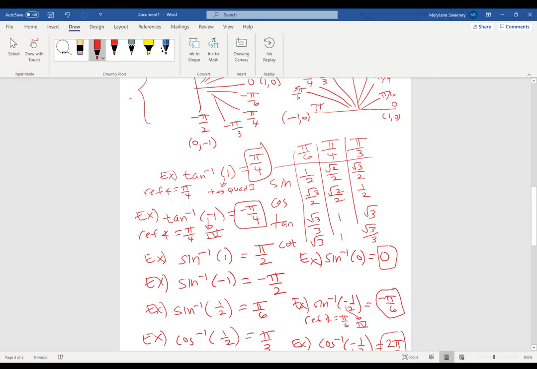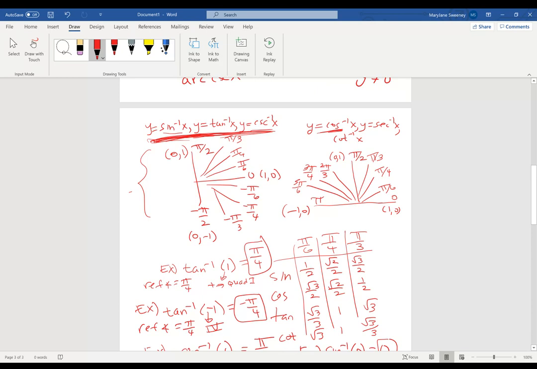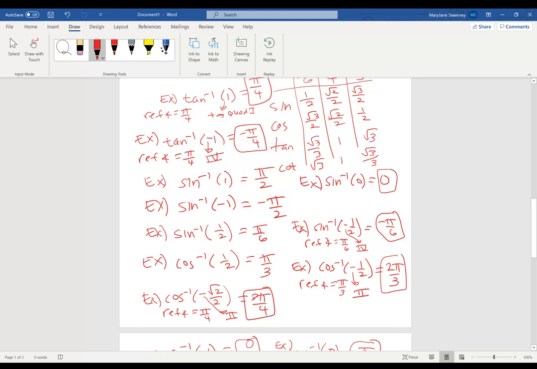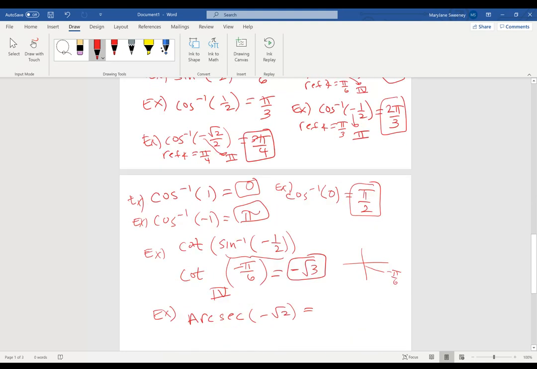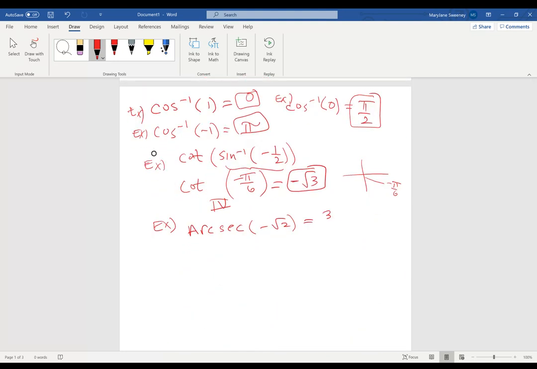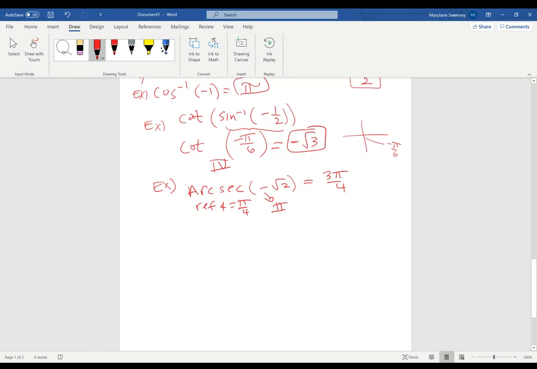But then for sec, we're over here where we were for cos. If sec is negative, we're giving the quadrant 2 angle, 3 pi over 4. So the reference angle is pi over 4. The negative, though, tells me quadrant 2 because it's inverse sec, or arc sec.